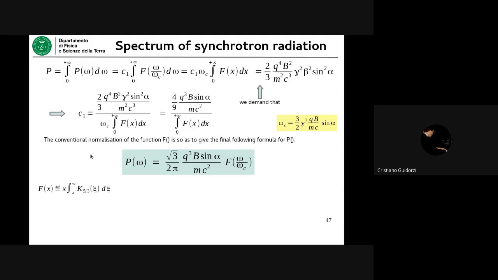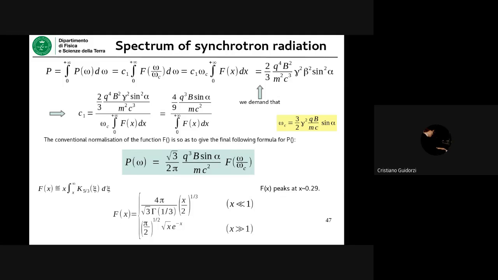In particular, for your information, I must tell you that this capital F function, if you are dying to know exactly what this function is, is by definition this formula here, where capital K is the modified Bessel function of order 5/3. This is just for your information. And this function peaks when the argument is about 0.3, so 0.29. It is interesting and important to know the two asymptotic regimes of this function.